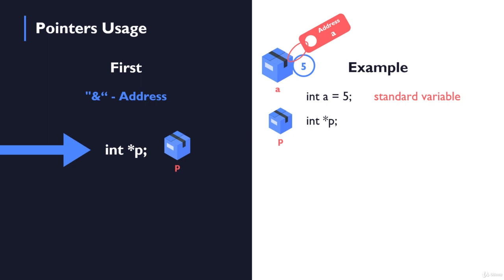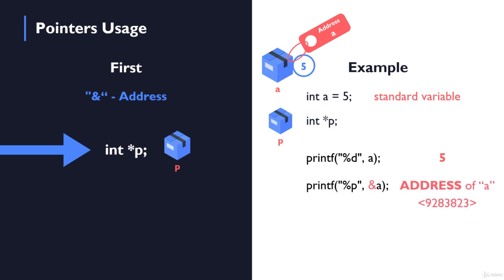Now, just as a quick reminder, if you want to print the value of variable a, you should simply use this printf line: printf %d and the variable name. It will print 5 to the screen. And if you wanted to print the address of variable a, the actual memory where it resides, you should use printf %p and ampersand a. Ampersand a specifies the address of a.